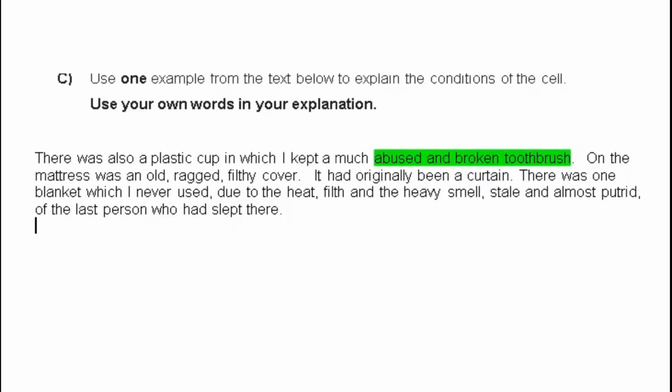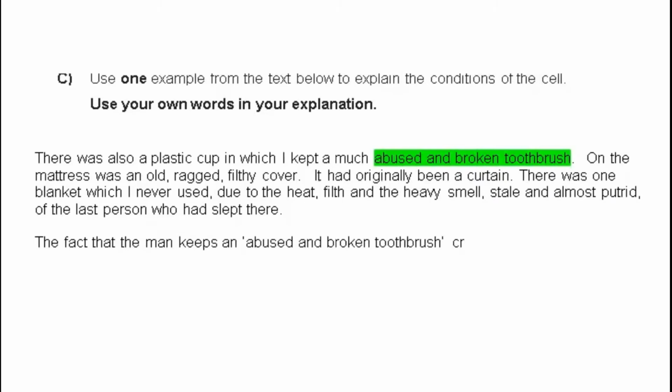So let's put the fact that the man keeps an abused and broken toothbrush creates an image of how unsanitary the cell is. Okay, this man is in a cell, by the way. I will try and put the insert in the description bar if I can find it.